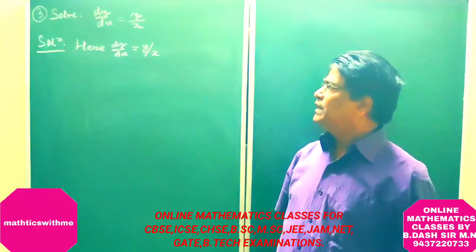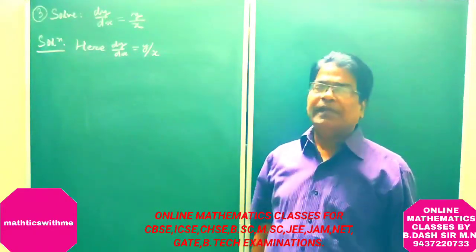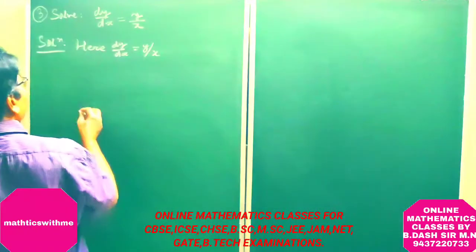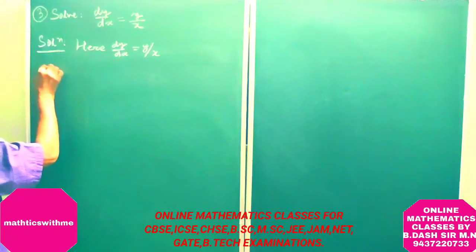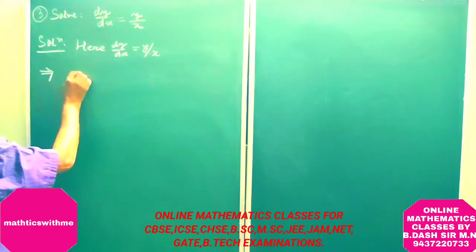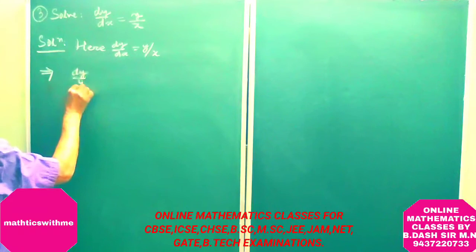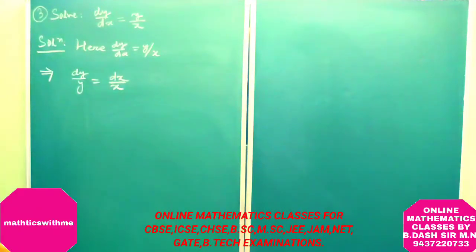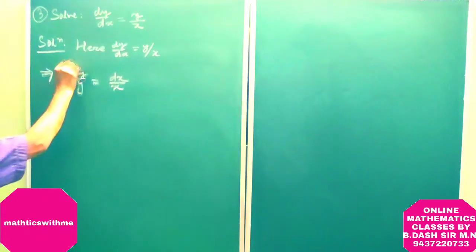Our next question is: solve dy by dx is equal to y by x. Here dy by dx is equal to y by x. This implies dy by y is equal to dx by x, in which we have separated the variables.